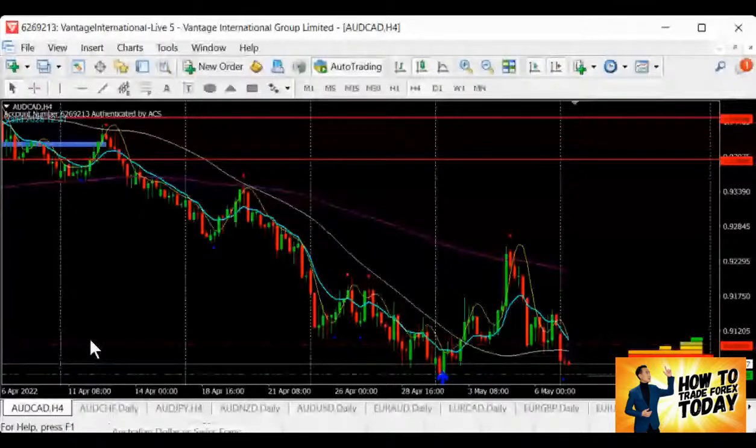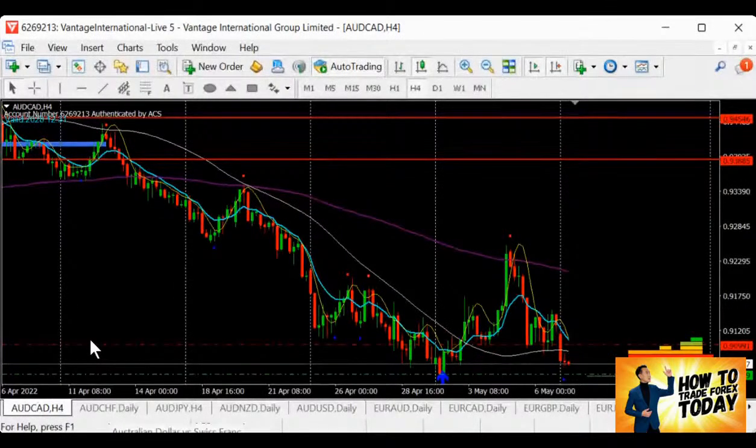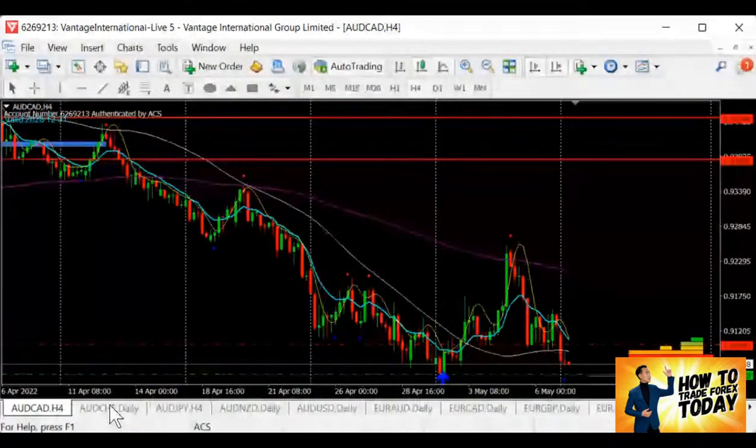Roger was asking about Aussie CAD. Yes, after this, I guess we'll have plenty of chances to enter for a trade. Just be very patient for it to break the support level.